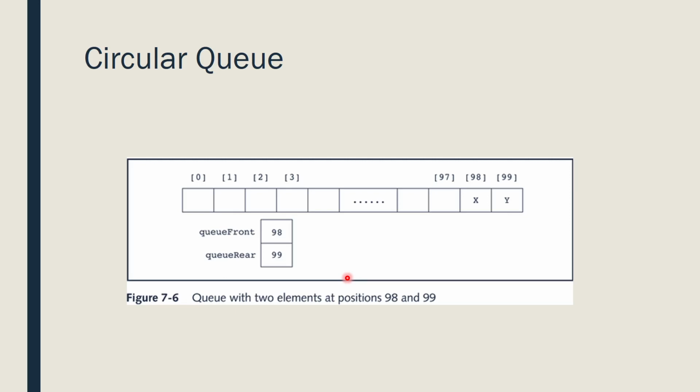And we have here a figure with the queue with 2 elements at positions 98 and 99, in which supposedly you have applied the dequeue operation several times until the elements remaining are only 2, 98 and 99. Queue front is pointed to the element located at index 98 and queue rear is at index 99.